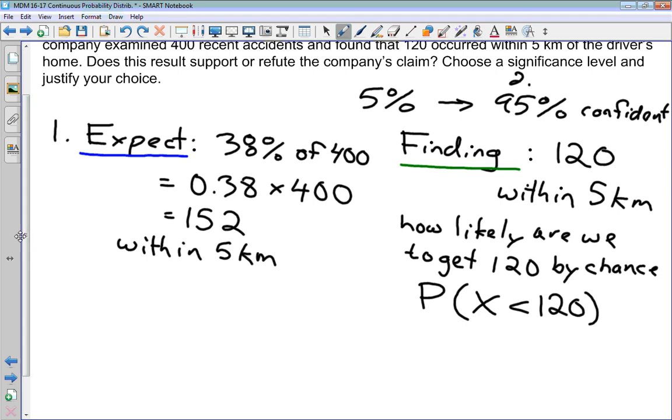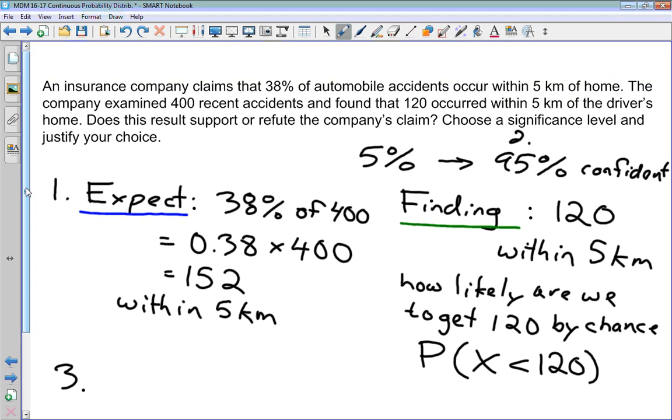So we need our mean and our standard deviation. Now, if I read the question again, they're not giving us a standard deviation. This suggests we're using the normal approximation. The other tip-off is we're given a probability here of 0.38. That's the probability of an automobile accident being within 5 kilometers of the home.